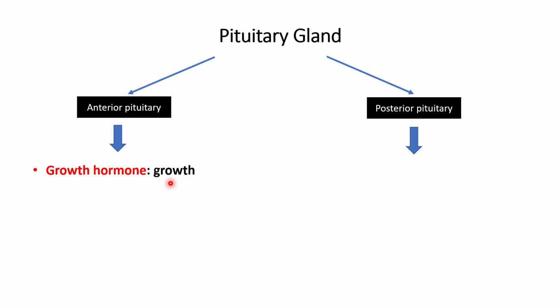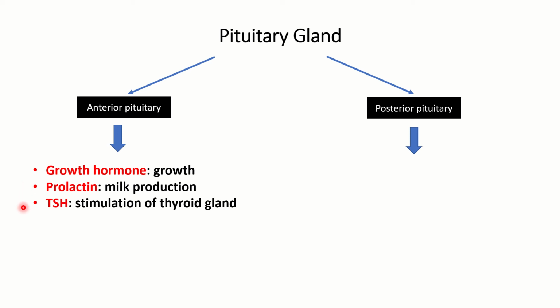When a person becomes an adult and growth stops, growth hormone is important for glucose level, so it keeps the glucose level high in the blood. Prolactin is important for production of milk. This is during pregnancy and also in the first few months after labor, so that the newborn can drink milk.